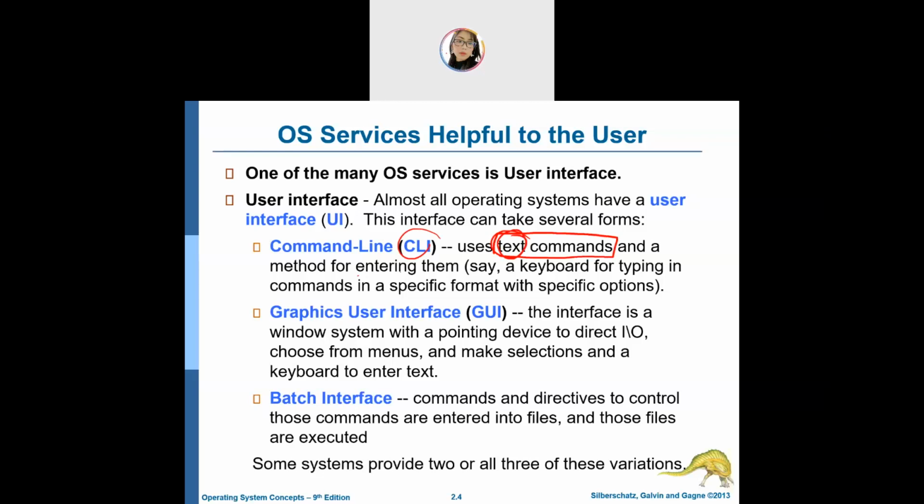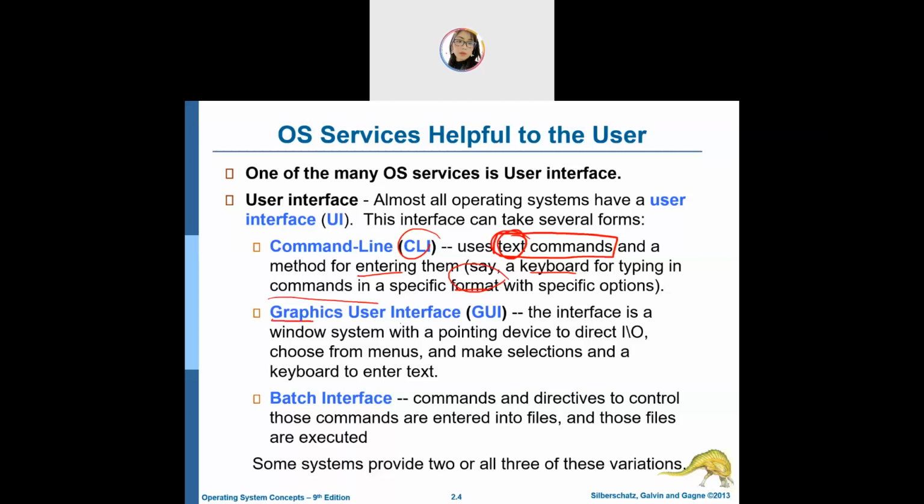It is the method of entering them, using a keyboard for typing into a command line in a specific format. It is similar to what I did just now, when I typed something and Windows did not recognize it, so the format is also needed.